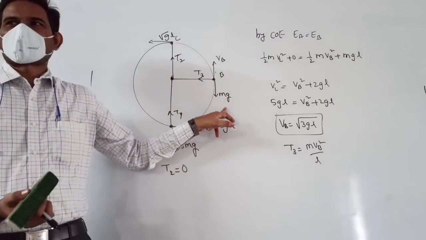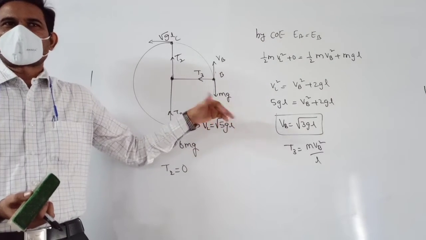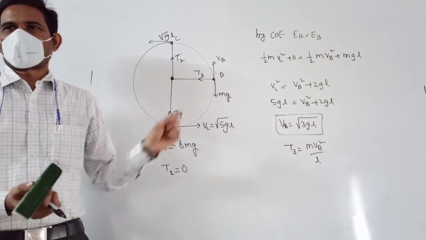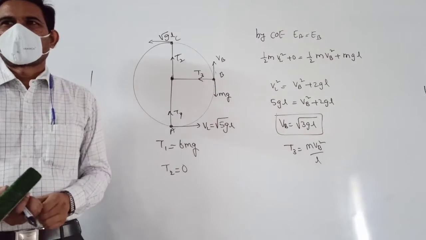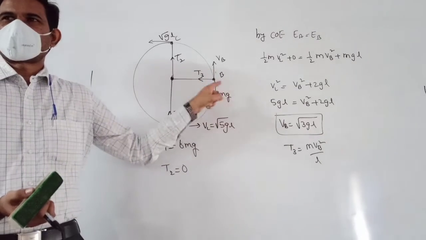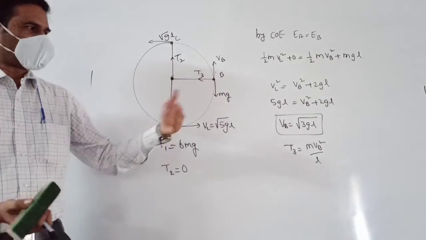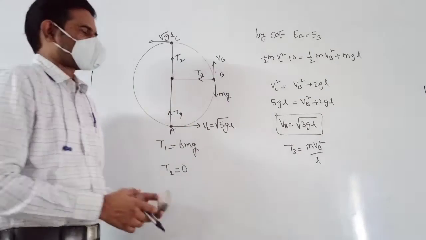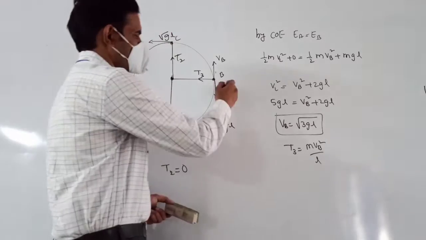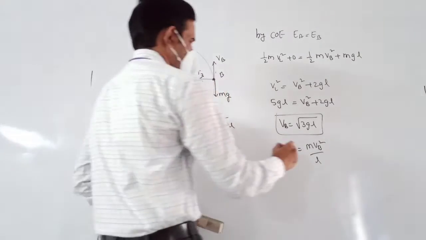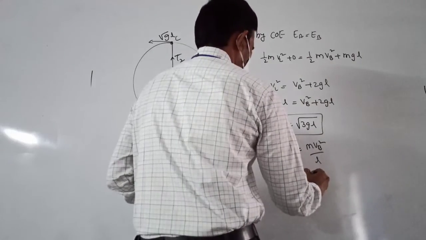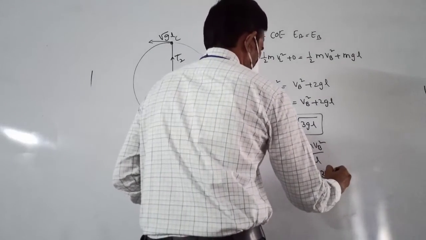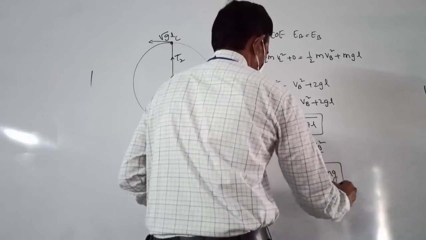Force is mg, so acceleration will be g, and later I will discuss the tangential acceleration and centripetal acceleration at different locations. That means it is just a tangential force here, mg value. So therefore T3 is equal to 3mg if you substitute that vB value at that point. So it is the tension at that point, horizontal position B.